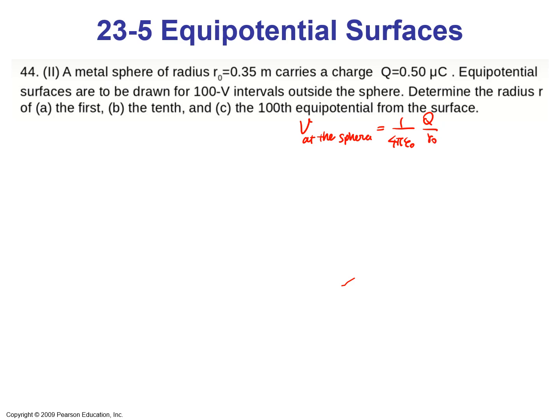And the potential outside the sphere is equal to 1 over 4 pi epsilon naught, Q over r, which is equal to V naught r naught over r.